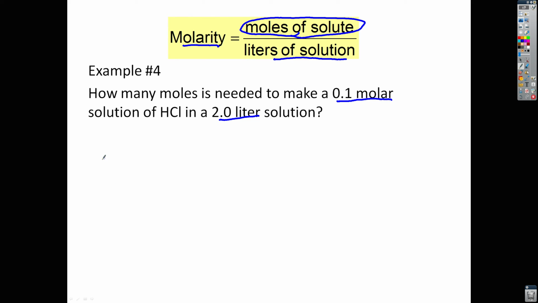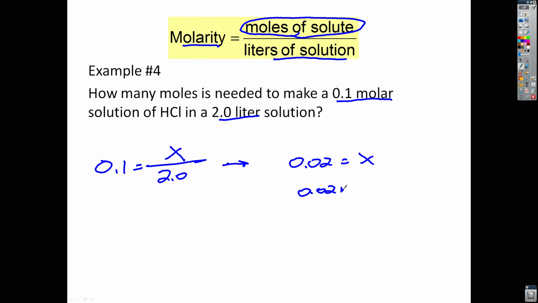So I'm just going to plug it into the formula. 0.1 equals, I'm looking for moles of solute, x, over 2.0. So I have to solve for x. I'm going to cross multiply. 2 times 0.1, I get 0.02 equals my x. So how many moles would that be? It'd be 0.02 moles is my answer.